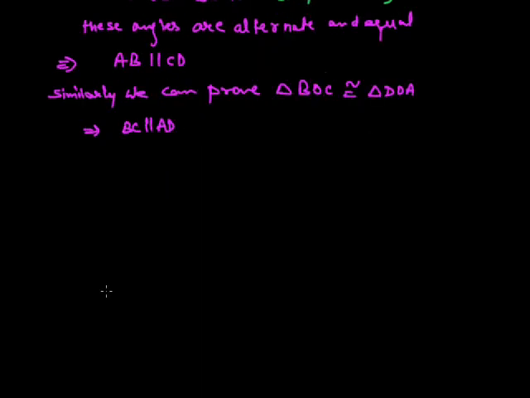So what we have in quadrilateral ABCD: one pair of opposite sides is parallel, another pair of opposite sides is parallel, so it is a parallelogram.